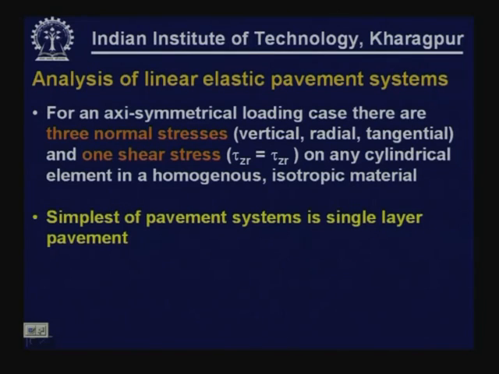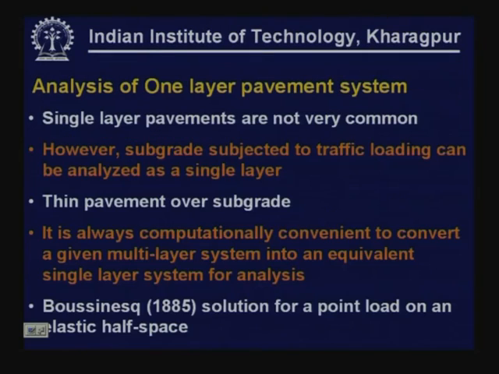The simplest of pavement systems is a single layer pavement system. Let us consider the analysis of a one layer pavement system. Although you normally do not find any single layer pavement system, because pavements normally comprise different layers, if we are trying to find out what stresses the subgrade is subjected to, it can be analyzed as a single layer system.